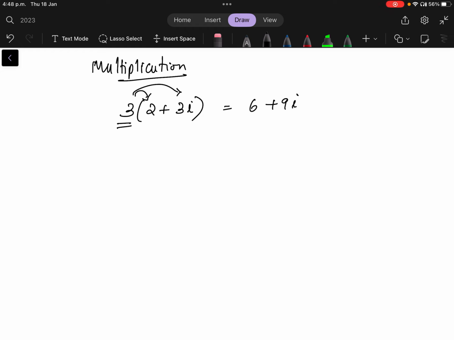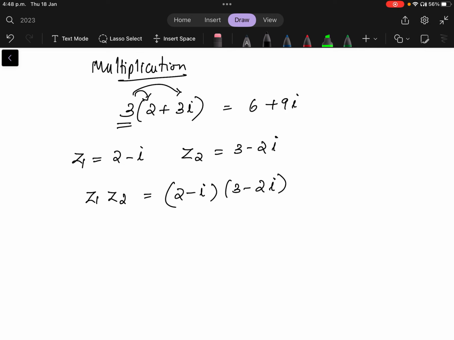Now if you are multiplying two complex numbers, for example, if z1 equals 2 minus i and z2 equals 3 minus 2i, and I want to find z1 z2, you multiply them just like algebraic terms.